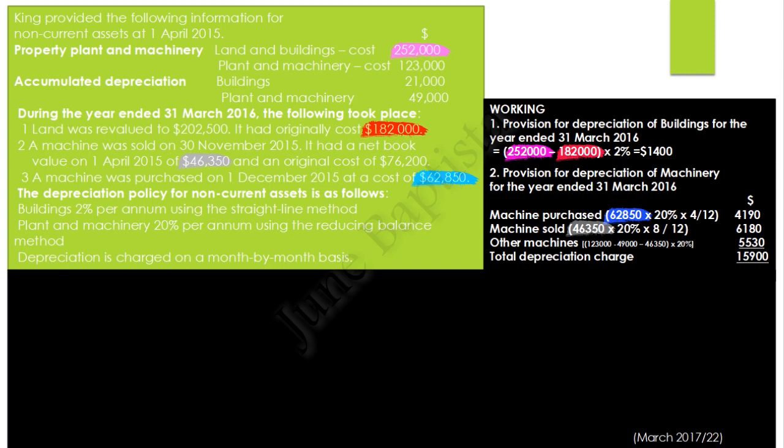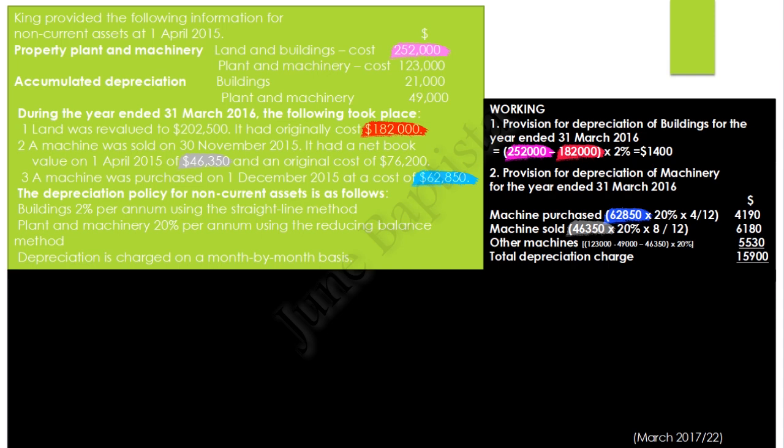Provision for depreciation of the remaining $123,000 cost minus $49,000 accumulated depreciation minus the net book value of the machinery sold, $46,350, times 20% to give us a figure of $5,530. Therefore, the total depreciation for the year ended 31st March 2016 for plant and machinery was $15,900.